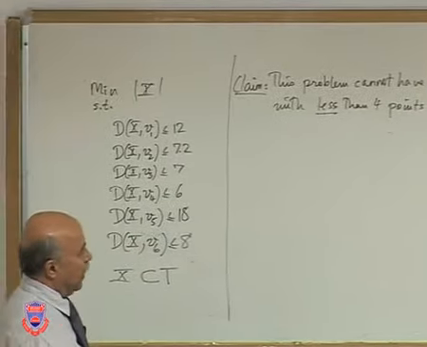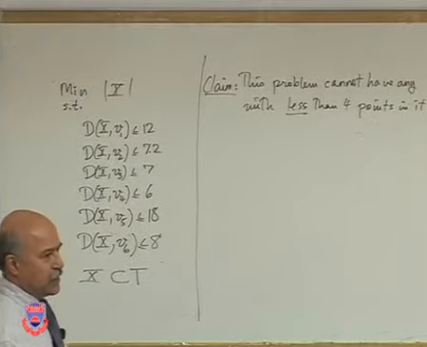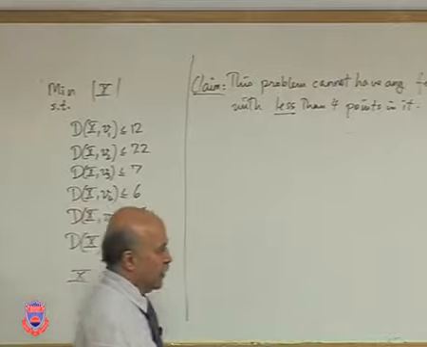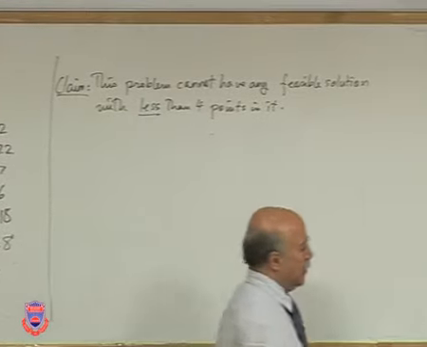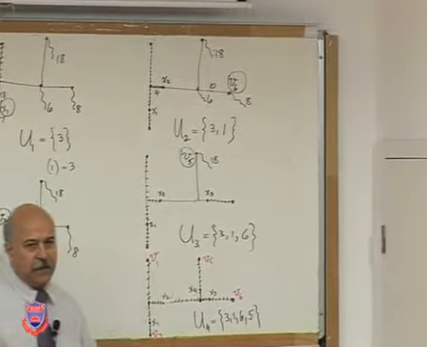It's not less than or equal to, but it's strictly less than. Okay, and I guess Hatice is suggesting that that's so because we have four vertices here, the red ones, V1, V3, V5, V6.